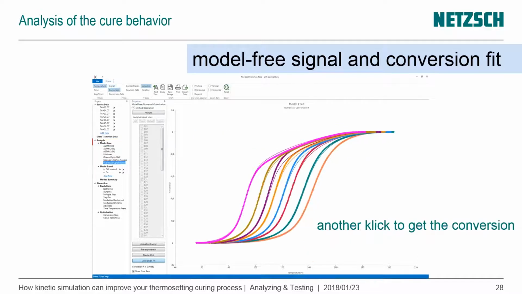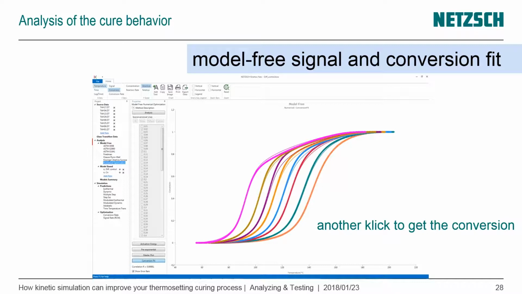With one more click, you can have a look at the conversion, also often called degree of cure. And now you would be ready to do predictions on your material. But let's come later to the predictions.